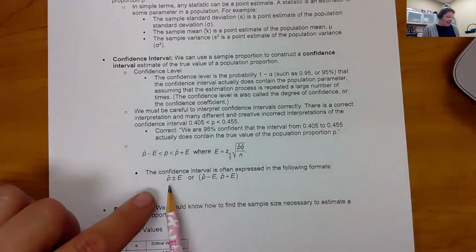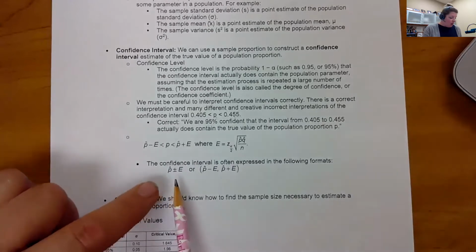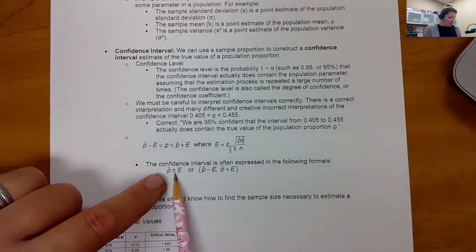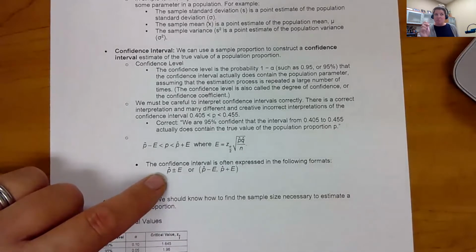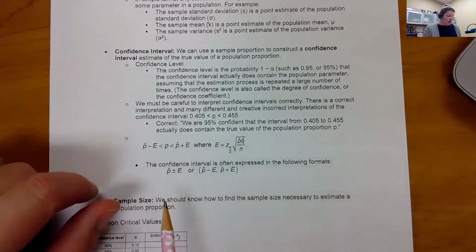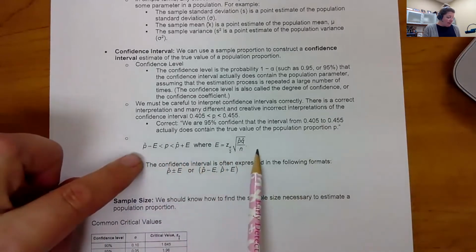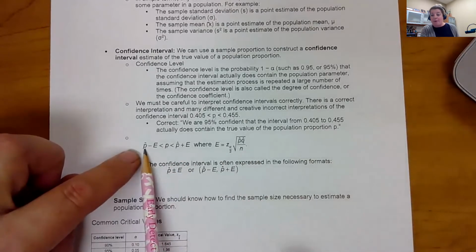Or we could state it like this one here. Or we can state it as plus or minus from our sample proportion. This notation up here is saying you take the sample's proportion.